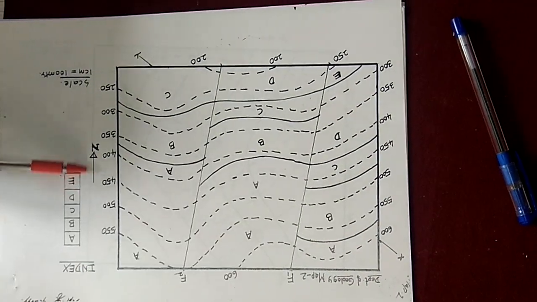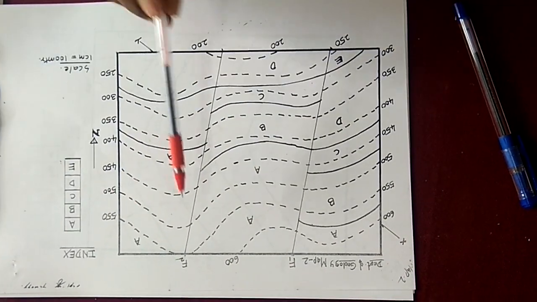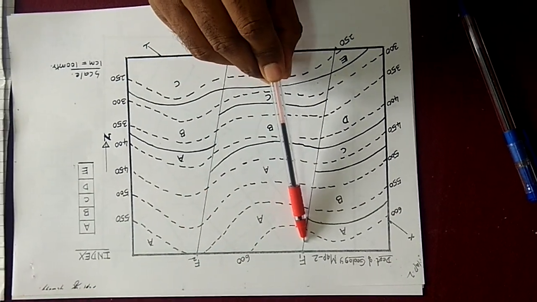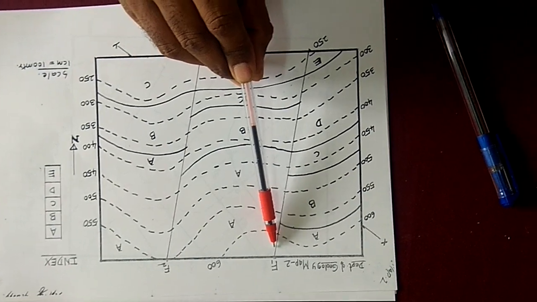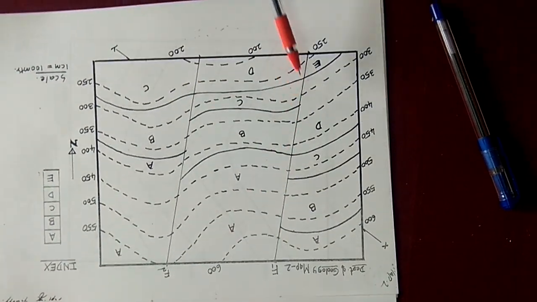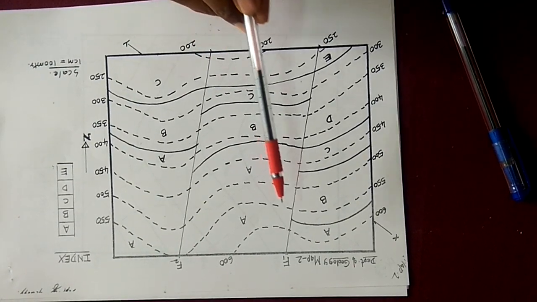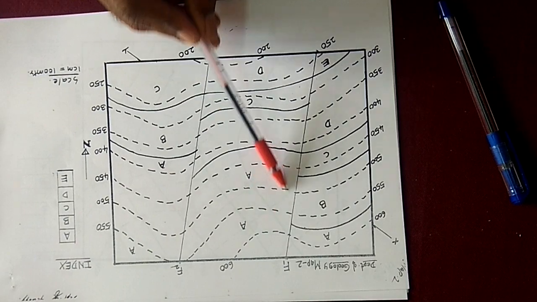In this map, this direction is the north, and these two lines, whatever you are observing, represent the faults. Friends, it is the first fault, it is the second fault. In the first fault, this bedding plane is displaced.